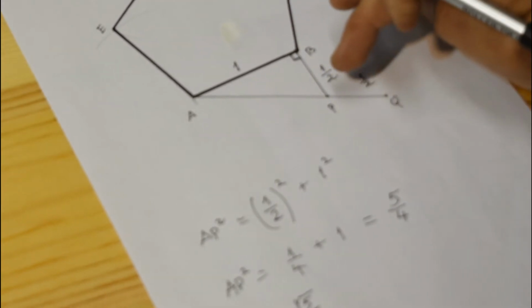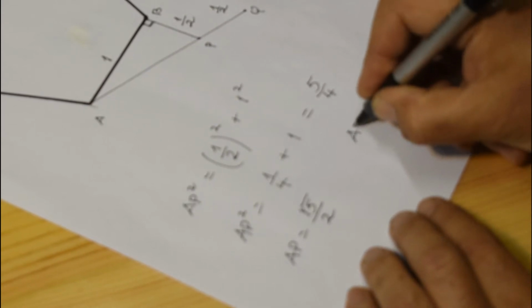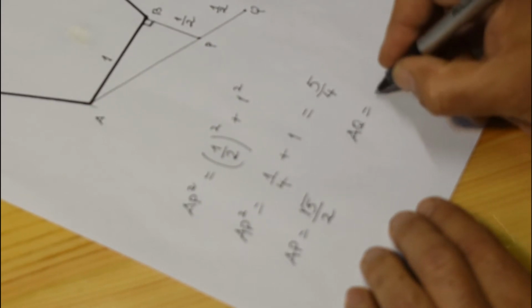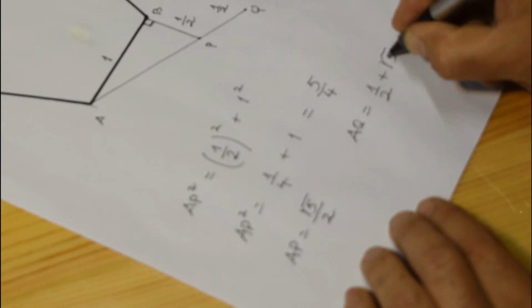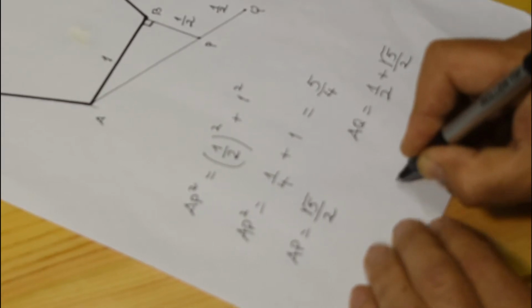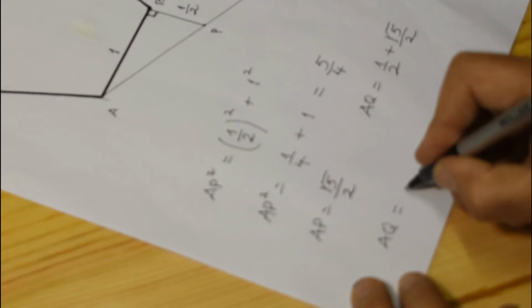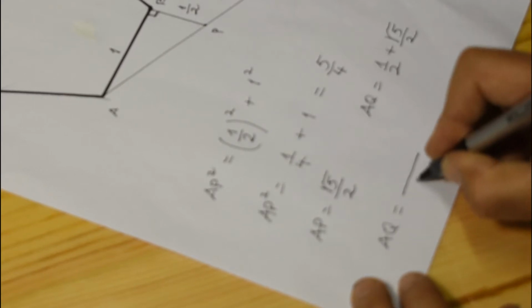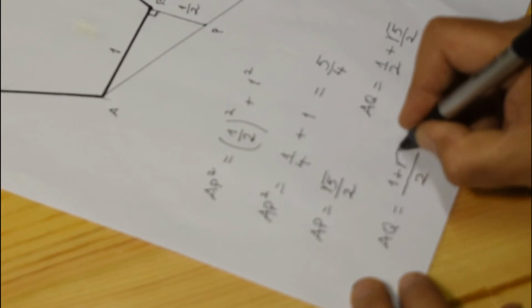But then we have to add 1/2. So AQ is 1/2 plus square root of 5 divided by 2. So we can have here common denominator 2, and we have 1 plus square root of 5 divided by 2.